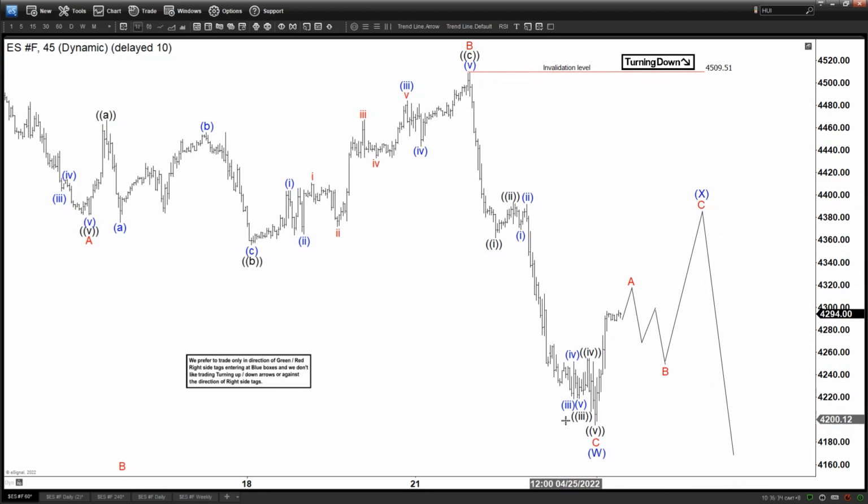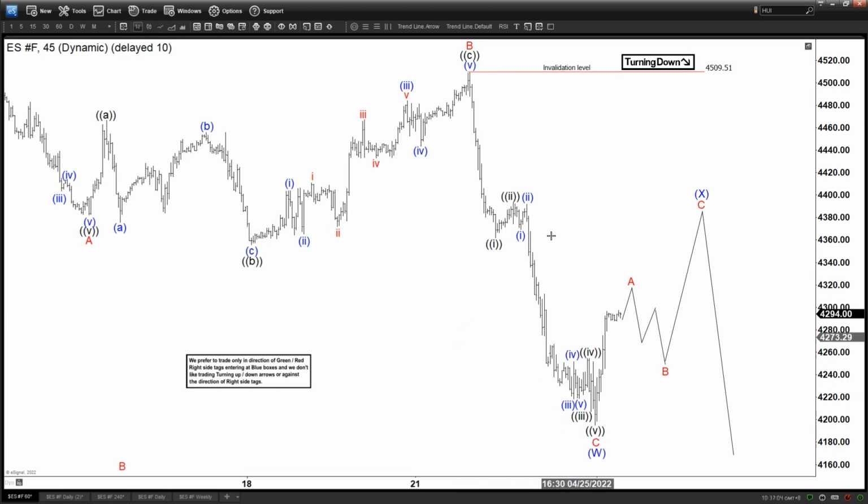The X rally is in the form of a zigzag ABC, in which we should be ending the first leg A soon and then pull back and then another leg up, and this entire zigzag is expected to fail below 4509. This is the Friday high, last week, and from there we can then go down again. So you can see this one, a nice impulse 1 2 3 4 5, ending a C leg.